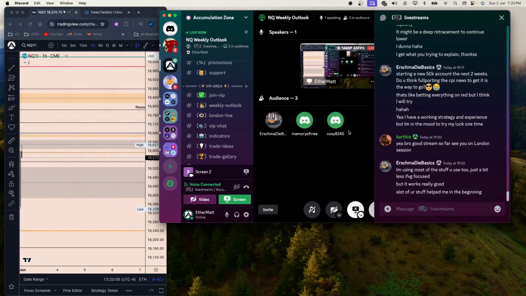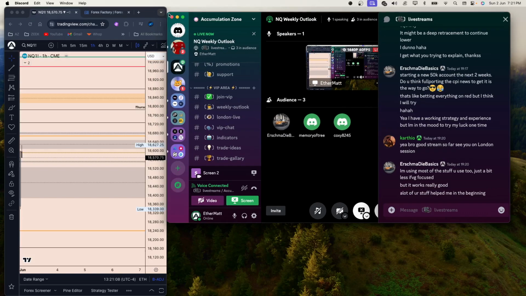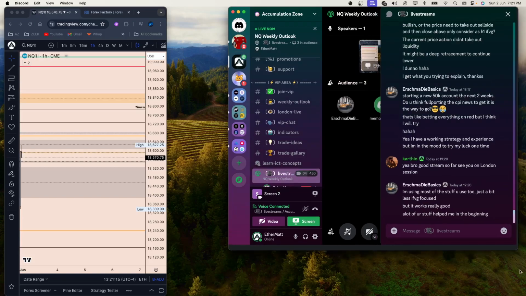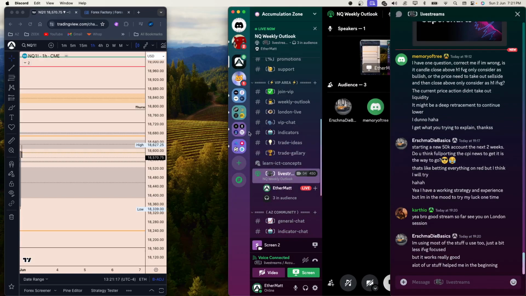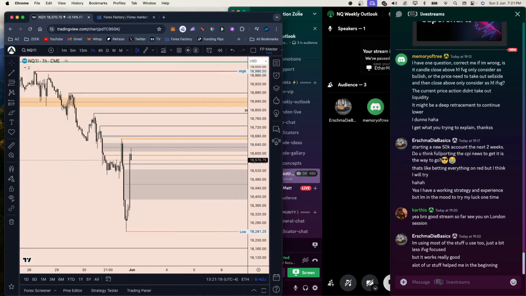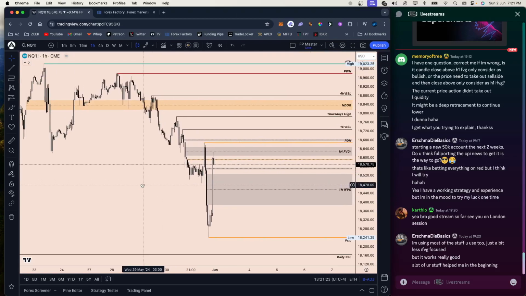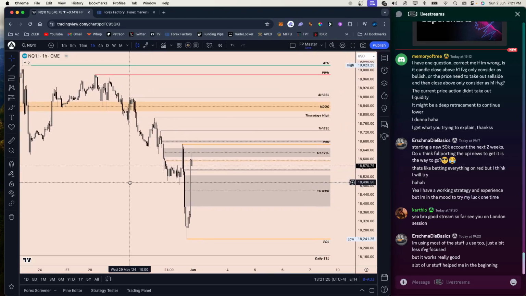Put that over here, so I don't have to look on my second monitor all the time. Yeah, I agree. That's funny to say, but it's interesting that you use less inversion. I also started with inversion fair value gaps this year, but I like the perspective of it.